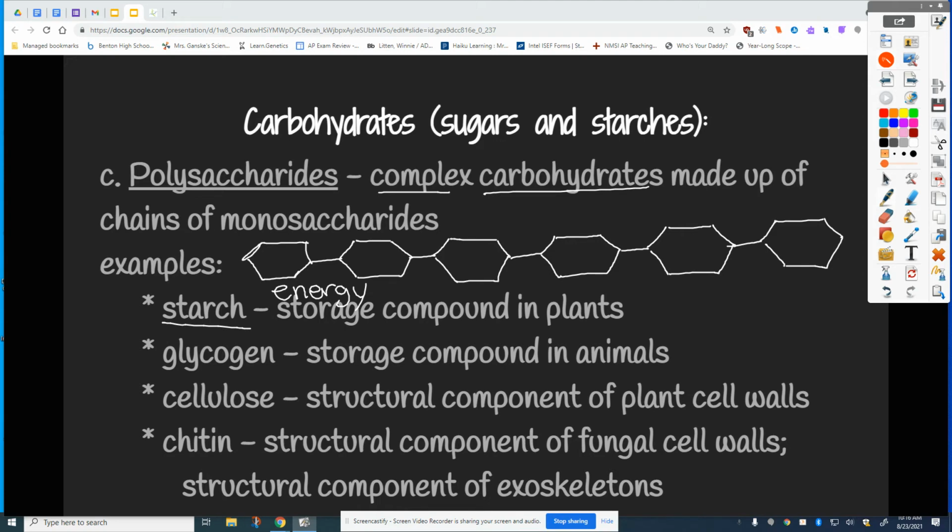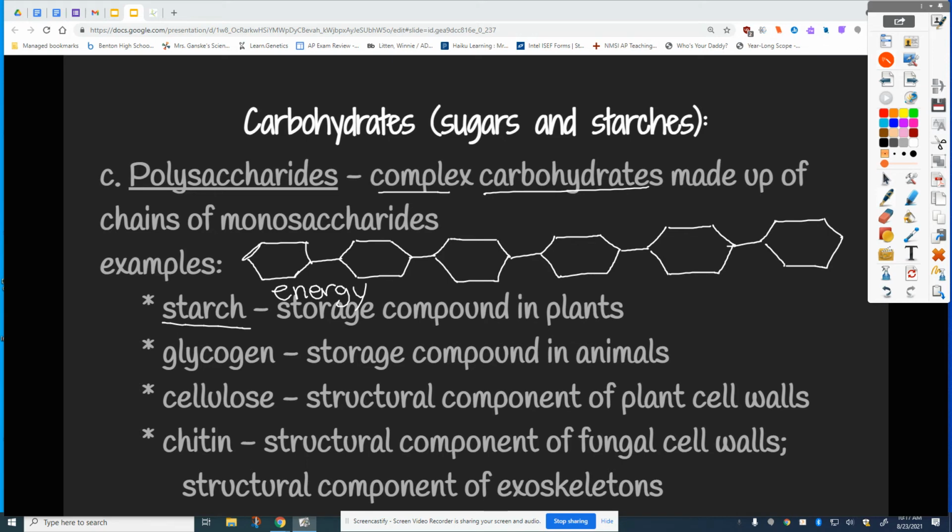Potatoes, yes. What else? Just yell it out, I don't care. Some fruits, yes. Which is, that's what a potato is as well. Corn, bread, wheat, grains, all of those have starches.